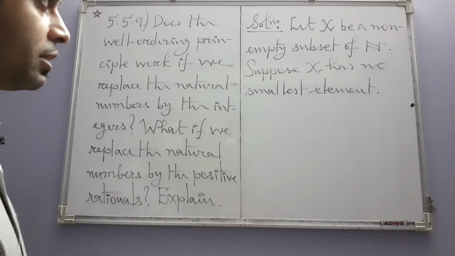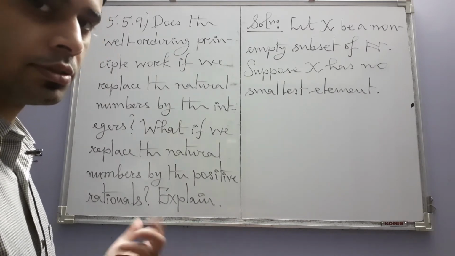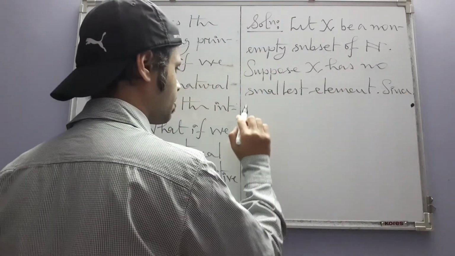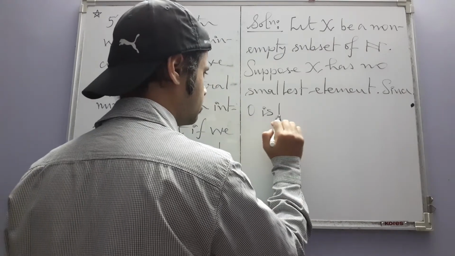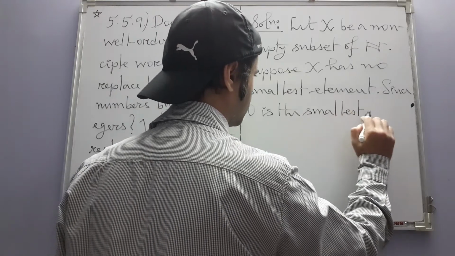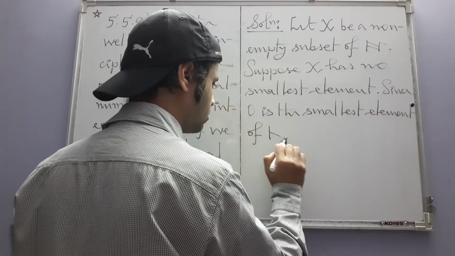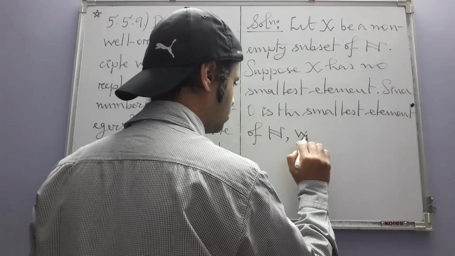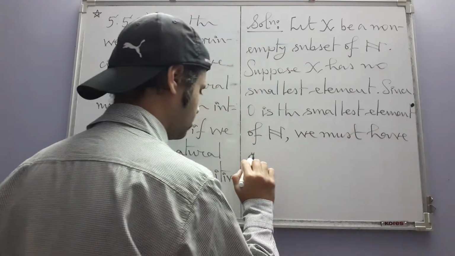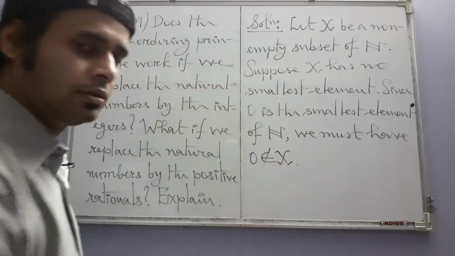Okay, but the set of natural numbers itself has a smallest element, which is of course 0. Since 0 is the smallest element of N, we must have 0 not in X. Why?